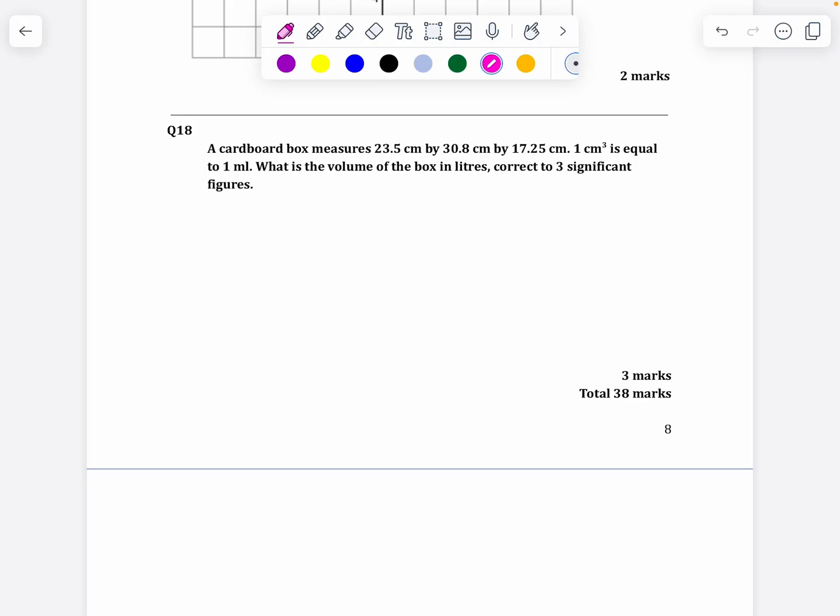So there's lots of things there. First of all, you need to find the volume. So you need to do 23.5 times 30.8 times 17.25. This will give you the volume in centimetres cubed. Remember, to find the volume of a cuboid, we multiply all the lengths together. And again, you can get your calculator out and do that.